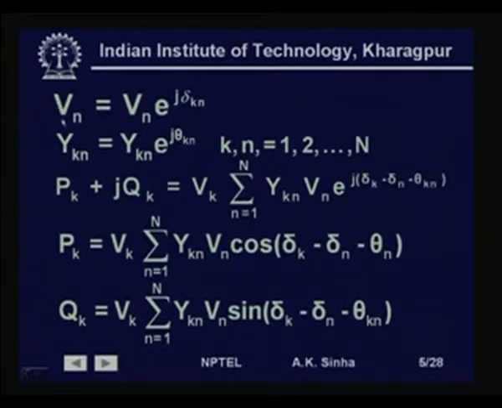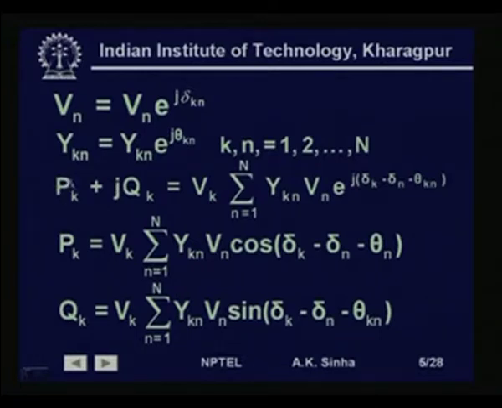V at bus n is a phasor which will have a magnitude V n and an angle delta n. I am sorry, this should not be k n, it is delta n. And y k n is the k n-th element of the Y bus matrix, which again is a phasor, where y k n is its magnitude and theta k n is its angle.